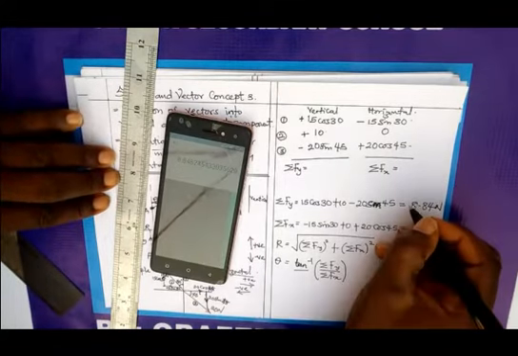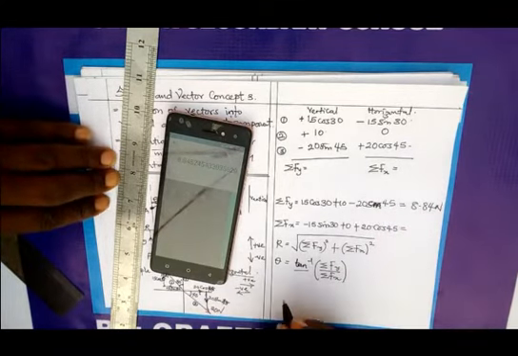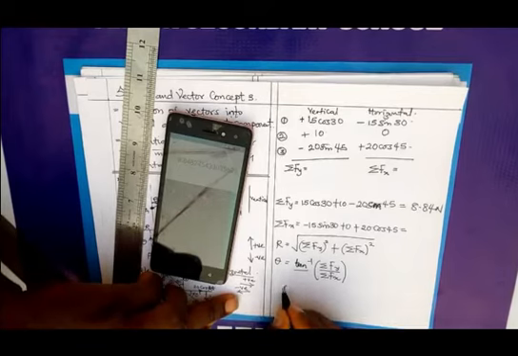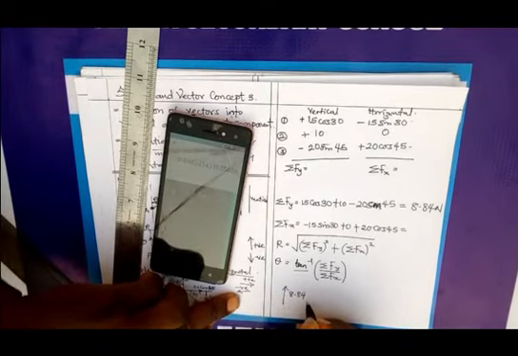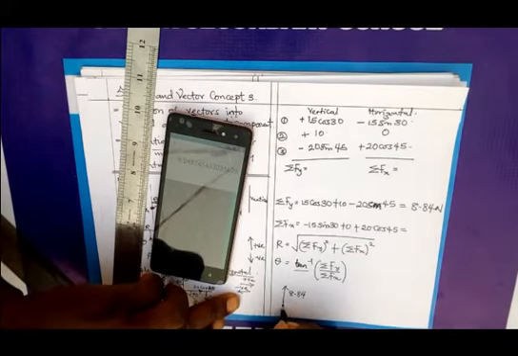Since it is positive, not negative, it is acting upward, 8.84 Newton. Did you see it?